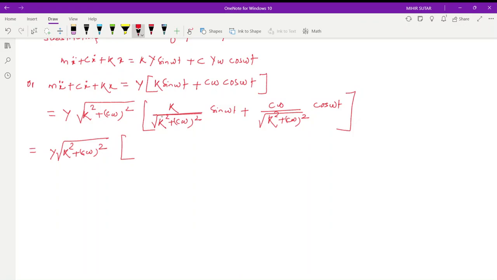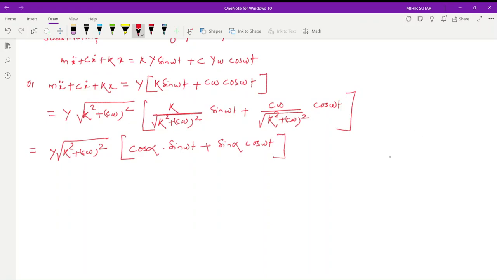Or we can write this as Y root over k squared plus (c omega) squared into, now this term we can represent as cos alpha, sin omega t plus this term as sin alpha, cos omega t. Where did we get this?